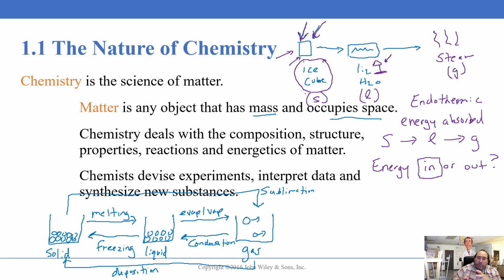These are all processes where something is gaining energy. In the case of our ice cube, it is gaining energy, and it allows these molecules to have a little bit more energy, which means they can start moving around from one another in the liquid phase, and then gain even more energy to go off into the gas phase.